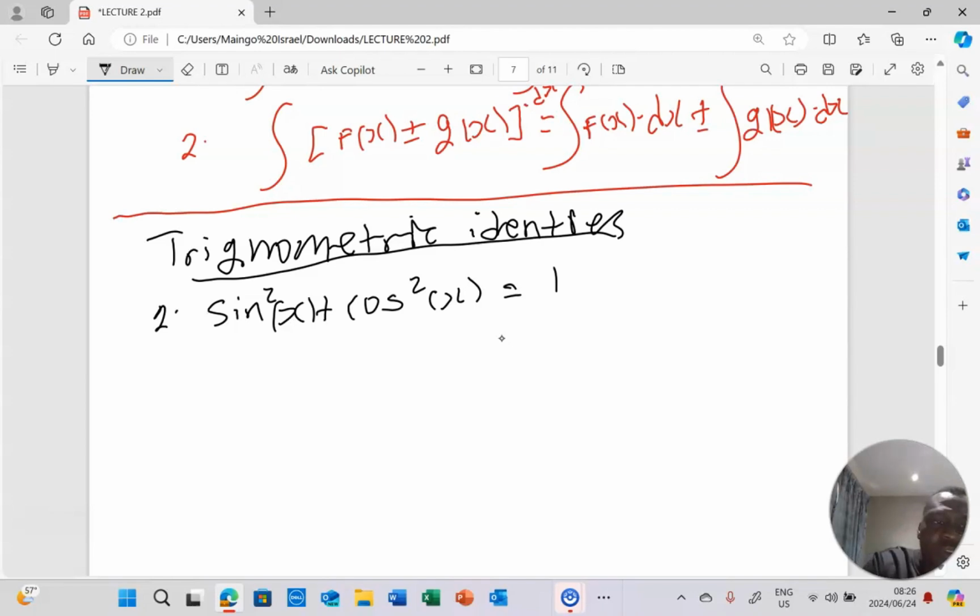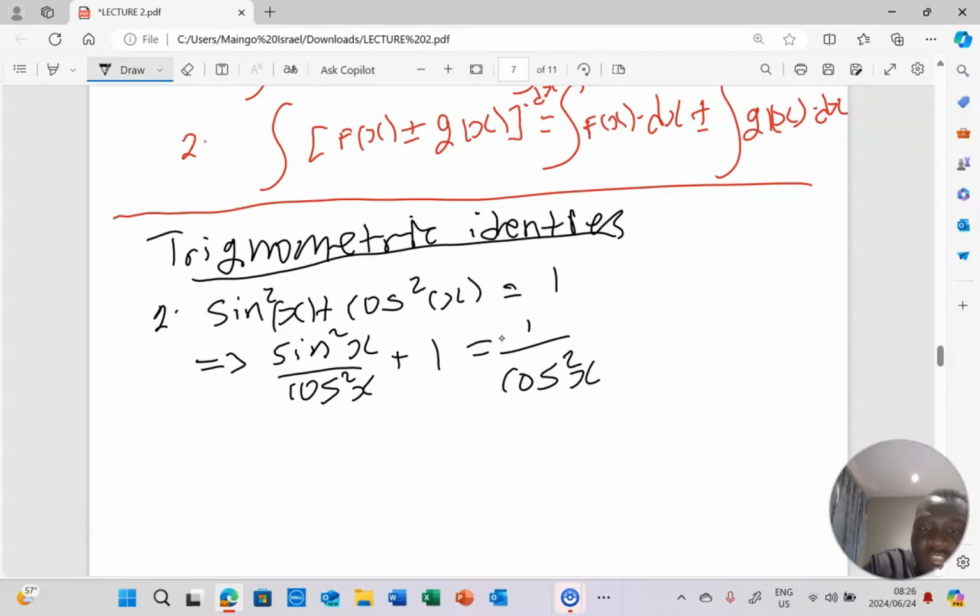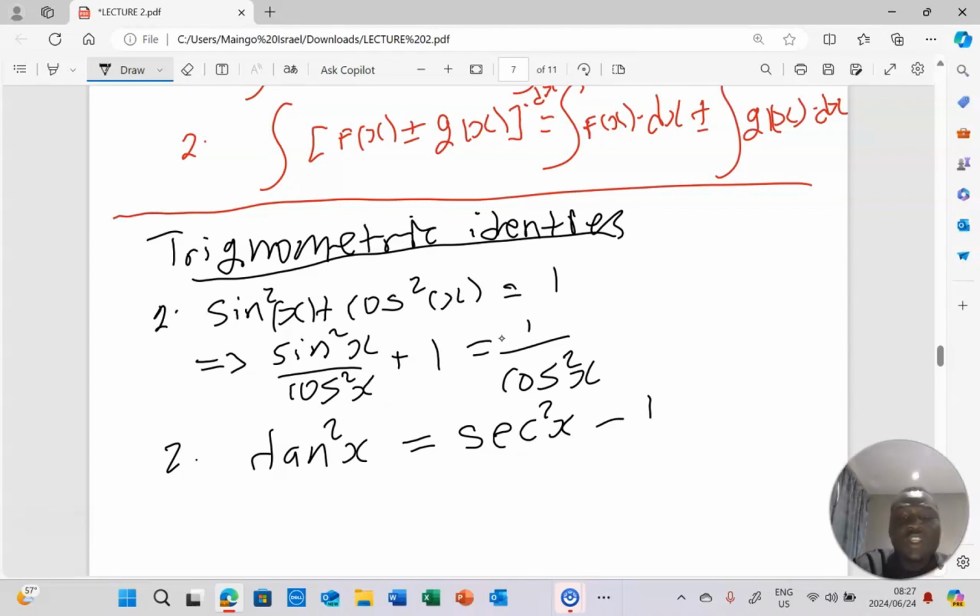From this one, if we divide by cos squared of x, we have sine squared x over cos squared of x plus 1 equals 1 over cos squared of x, which will produce a second rule which says tan squared of x is equal to sec squared of x minus 1. So it can produce this law.